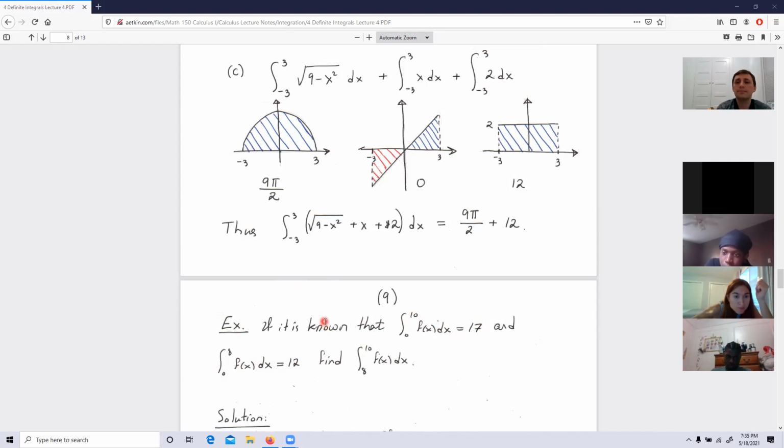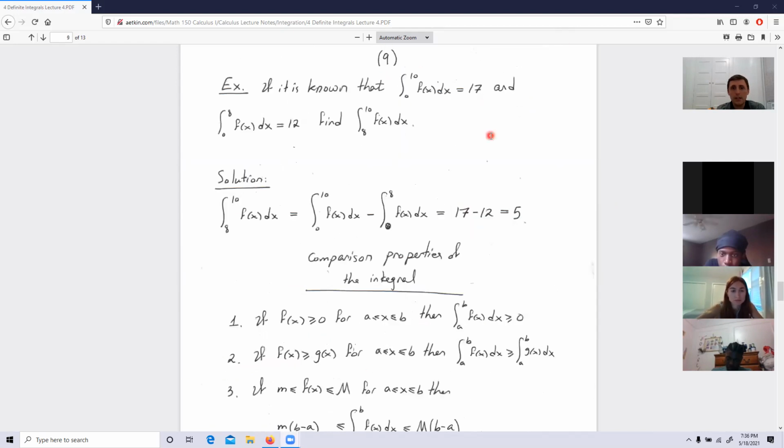What is this integral? Very good. The answer is obviously 5. You just subtract, right?